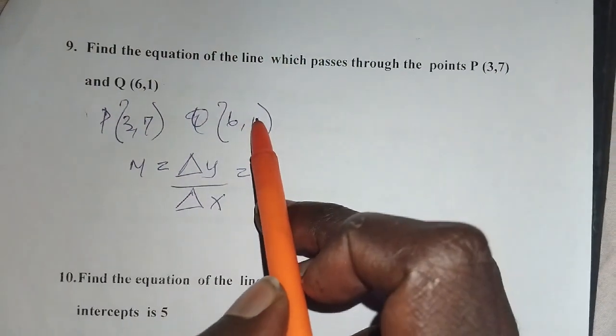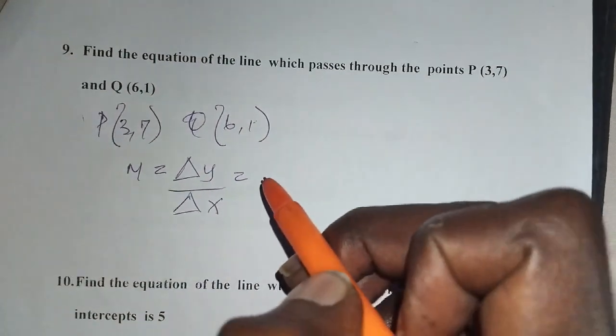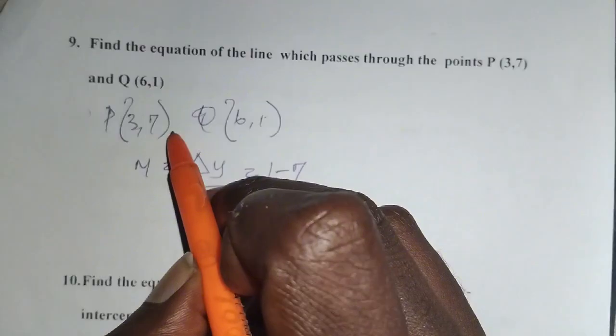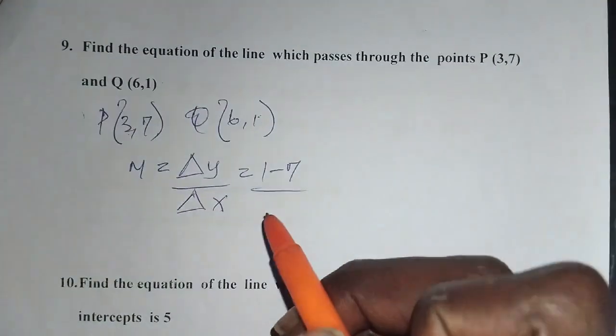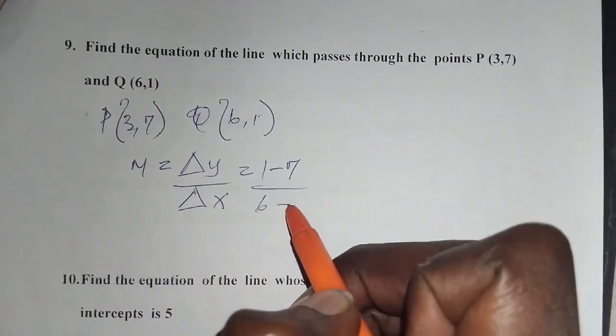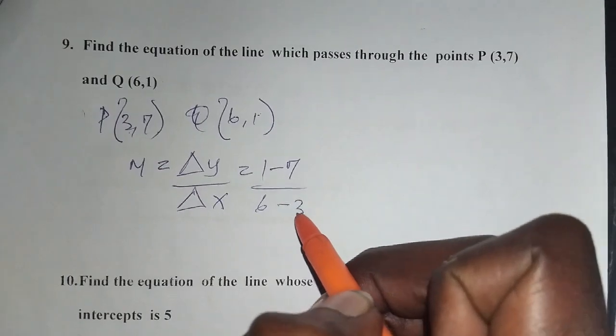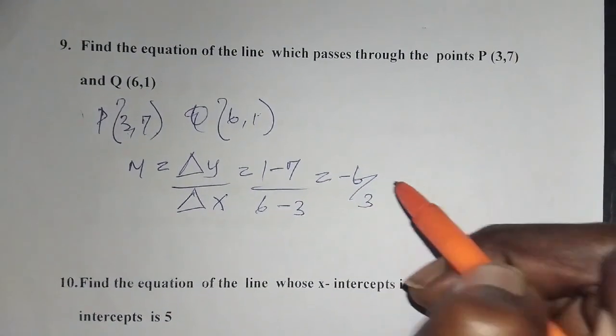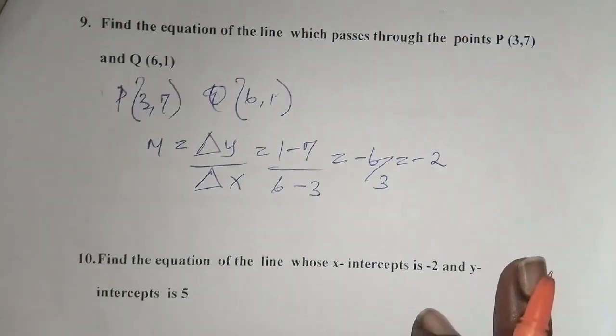So we have y2 minus y1, 1 minus 7, over x2 minus x1, so we have 6 minus 3. It will give you negative 6 over 3, negative 2.